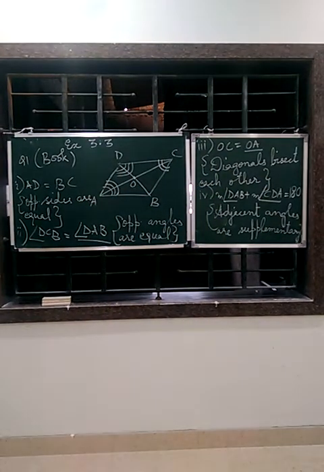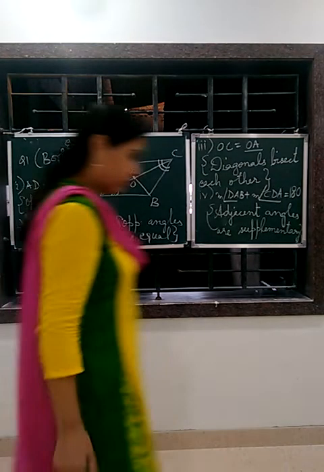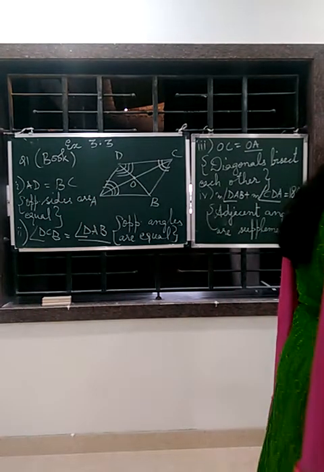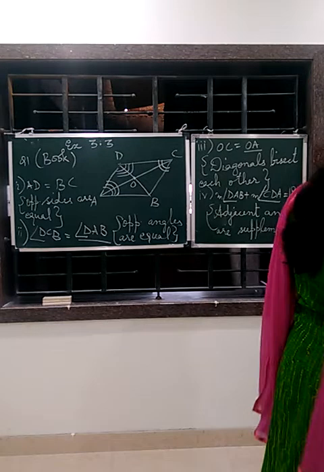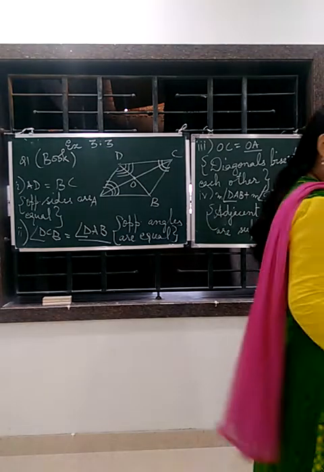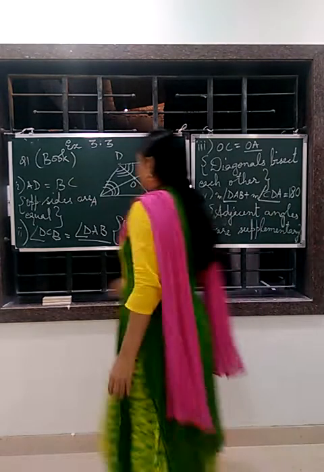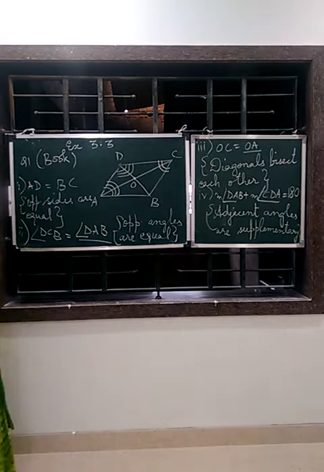So this completes your question number 1. Now we'll go ahead with question number 2. Consider the following parallelograms and find the value of x, y and z. So question number 2 will be done in the copy.